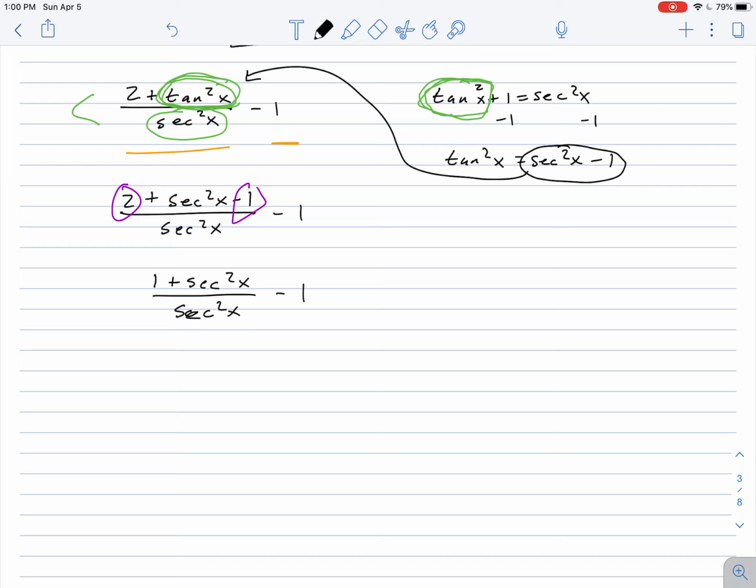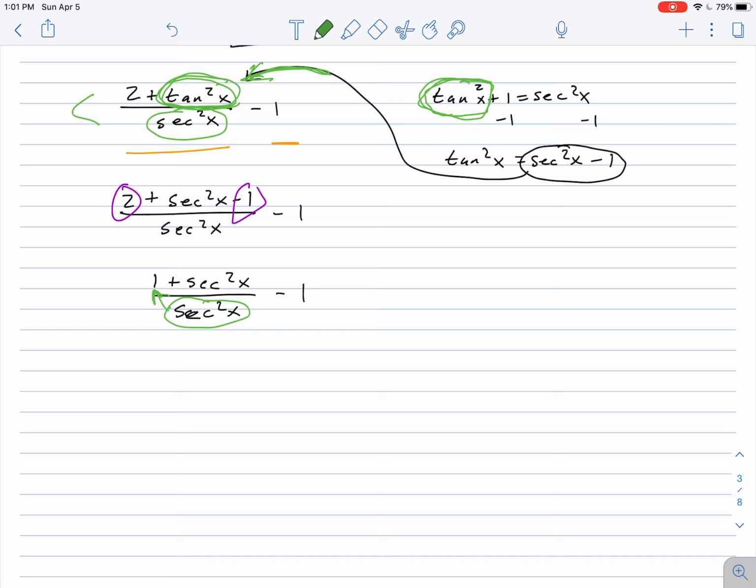Now, nothing super magical has happened yet. So I've got two options. One is I can take this 1 and get a common denominator and add these guys. That's a great idea and it will work. Okay, but I want to show you a different trick. And one of the reasons I like to substitute into the numerator up here, into the top of this fraction, is because if you only have one term underneath a fraction, you can split this up into two fractions.